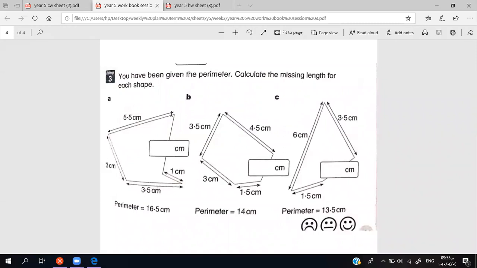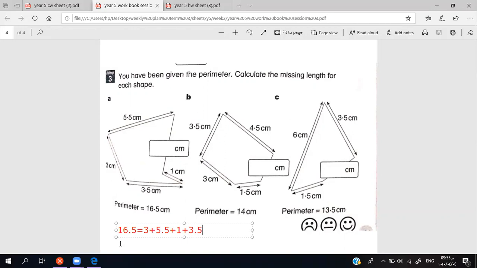So I know that the sum of all the sides will give me a 16.5. So I know that the perimeter, which is 16.5, is equal to all the sides plus each other. So it's equal to 3 plus 5.5 plus 1 plus 3.5.